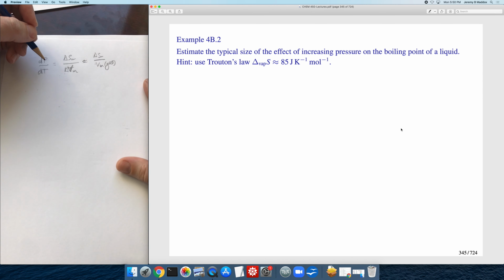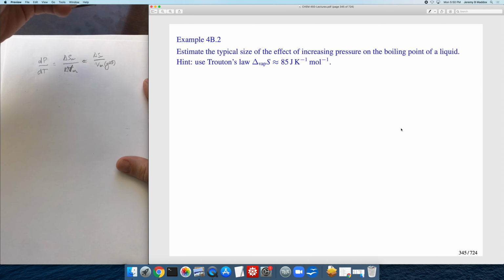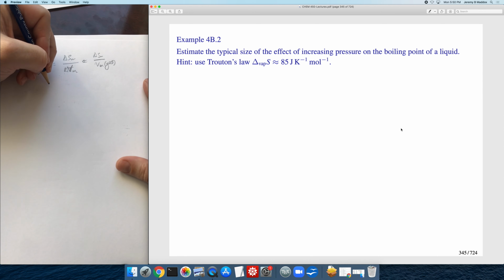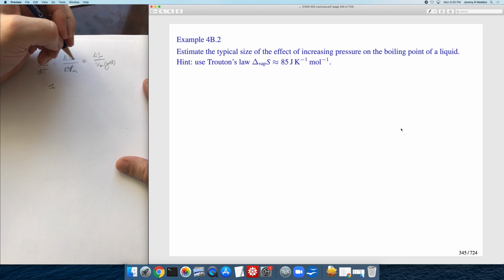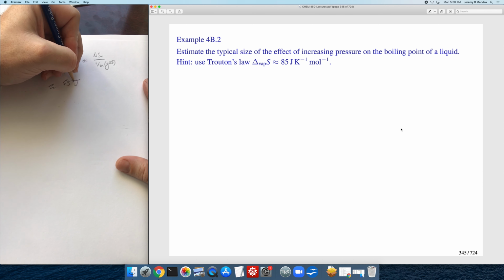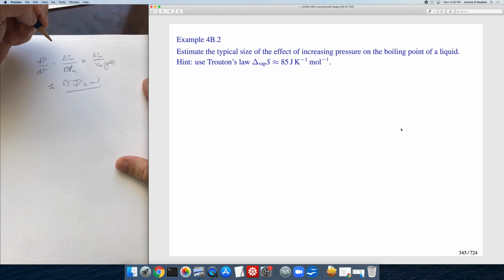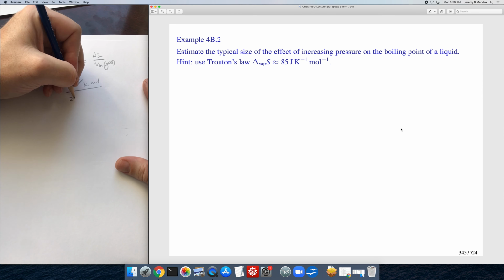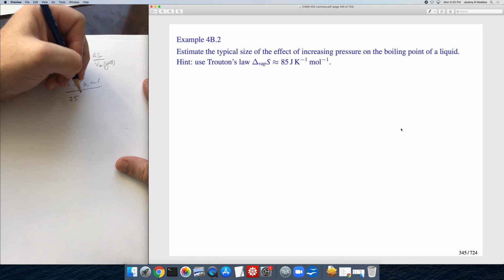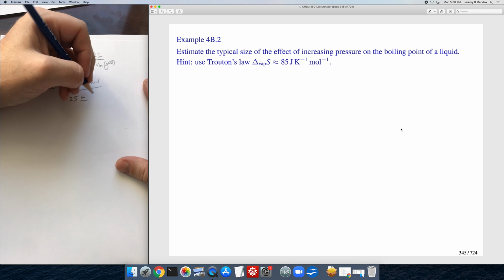The way they solve this problem is they just take a typical value for the molar volume, something like 25 liters per mole, and then they just plug in, okay, it's approximately 85 joules per Kelvin per mole, and then they divide by 25 liters per mole.